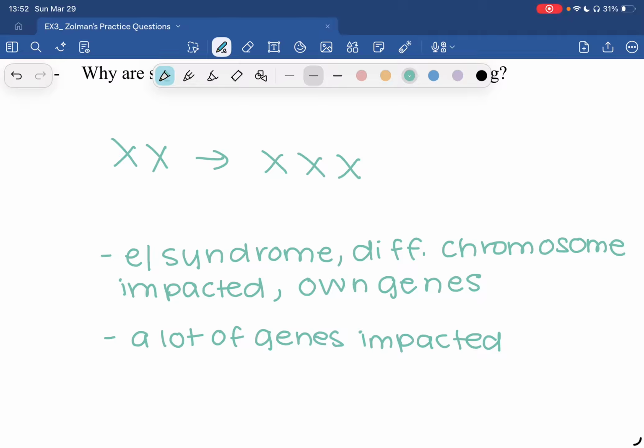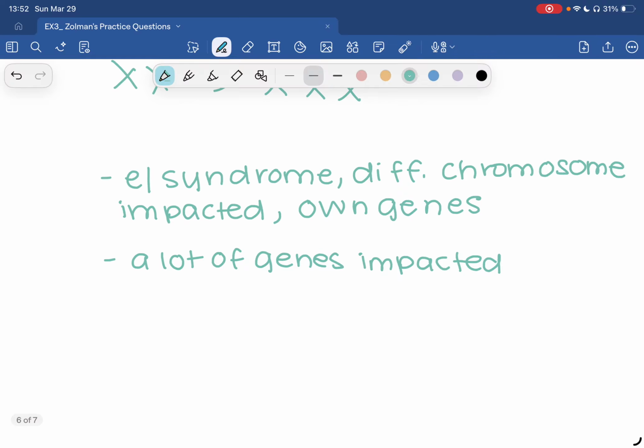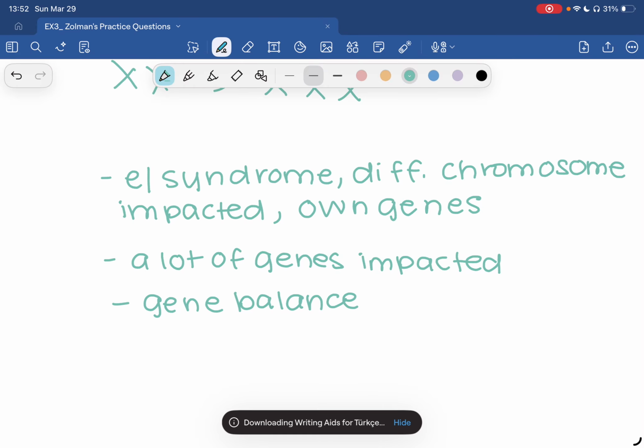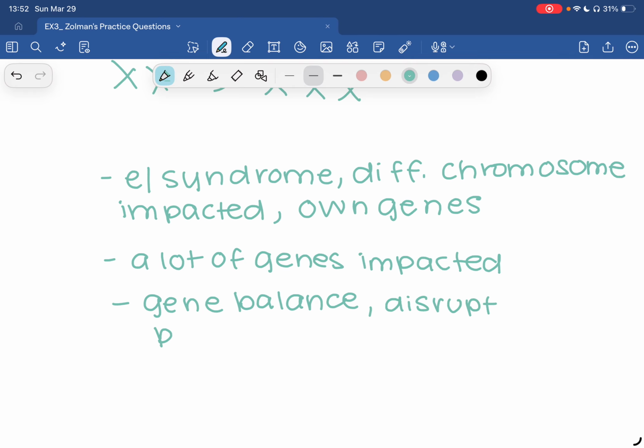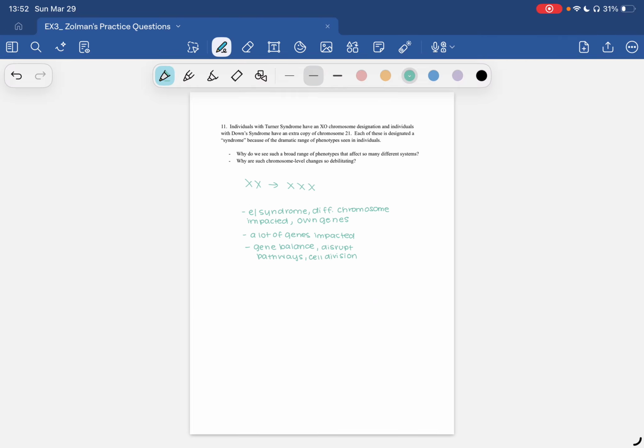So we're also thinking about gene balance, and how if gene balance is disrupted, that will then disrupt different proteins and pathways that are important for cell division.